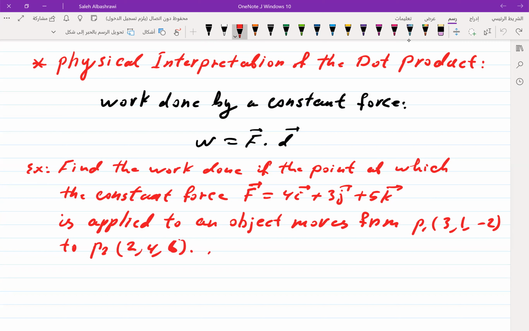Assume that the magnitude of F is measured in newtons.